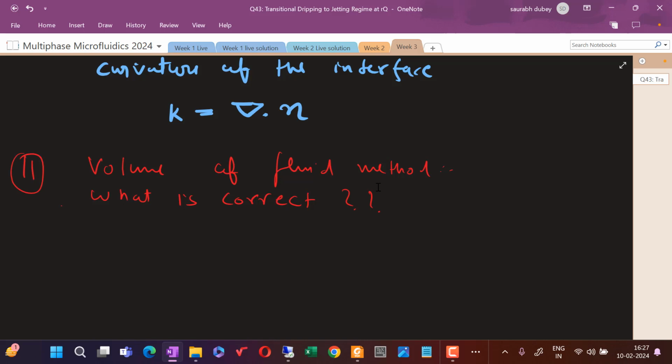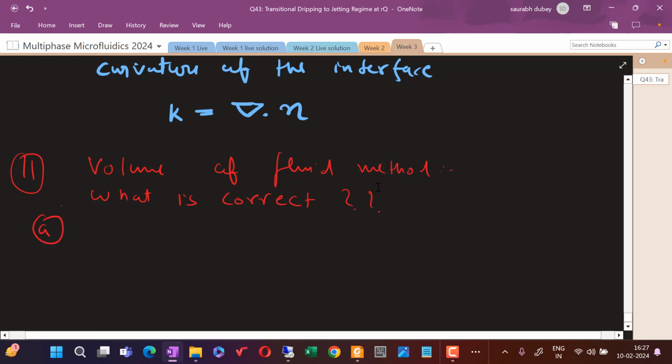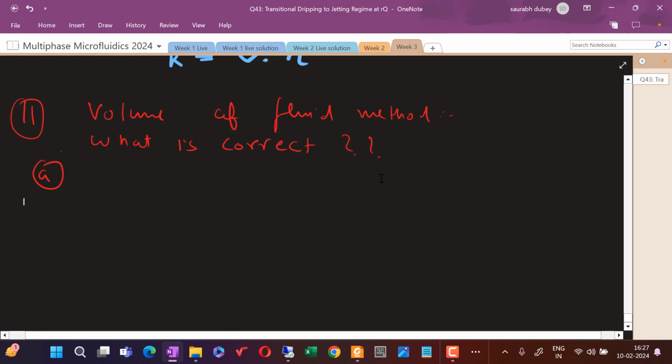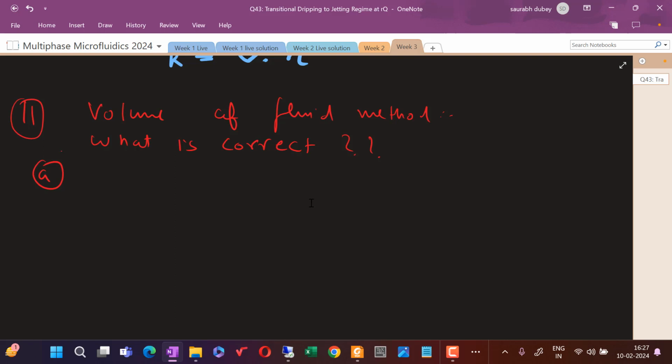Option A is volume of fluid method: mass is not conserved.